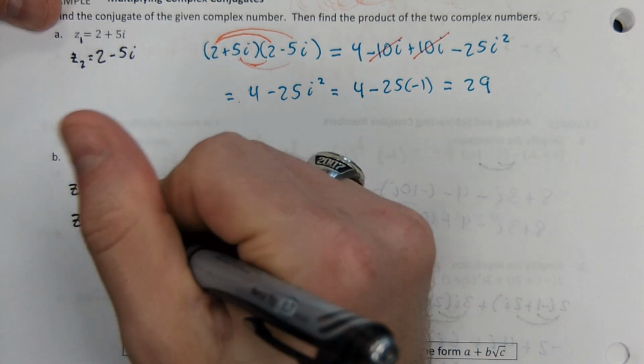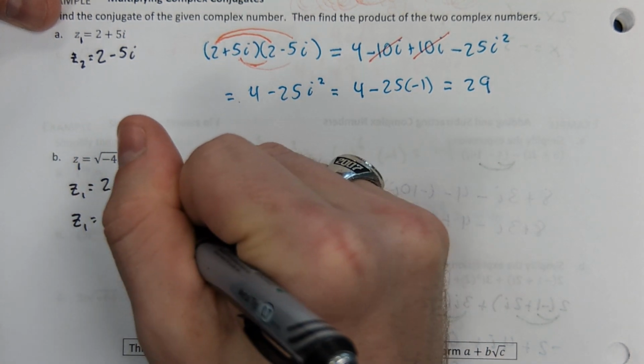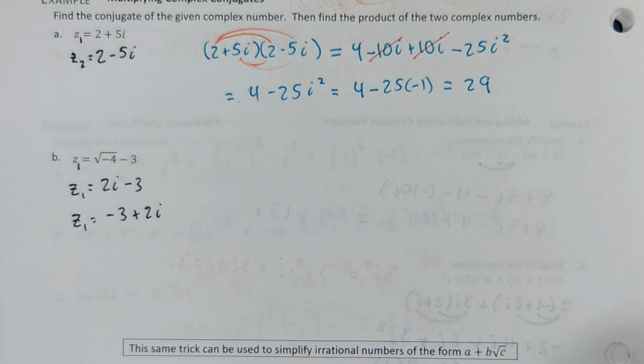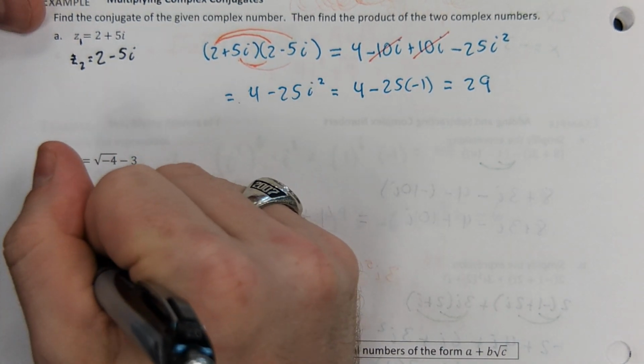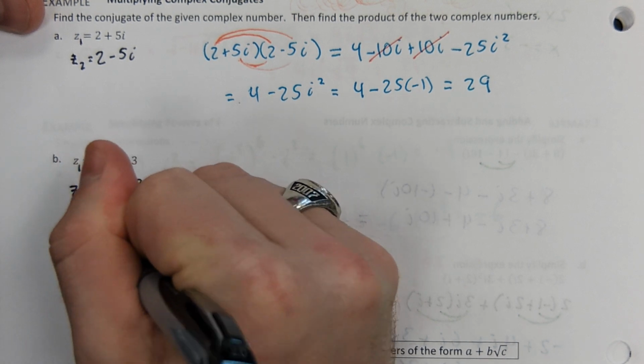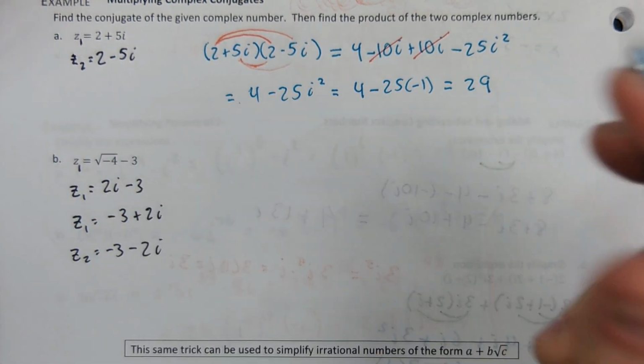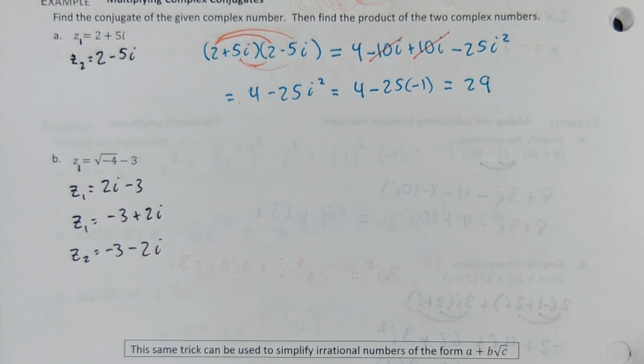But the 3 is negative. So we have negative 3 plus 2i. And now we can find our complex conjugate. The complex conjugate of negative 3 plus 2i will be negative 3 minus 2i. You just change the symbol of the imaginary component. That's all you do.